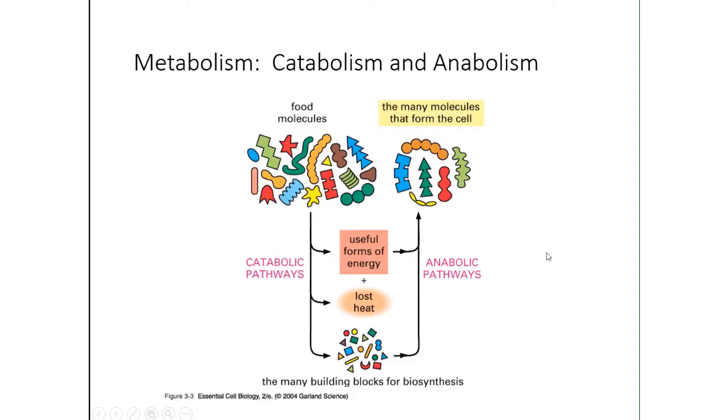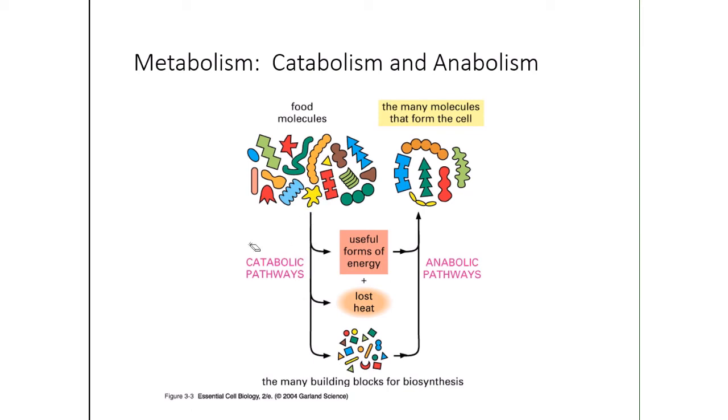Here is a better view to show you the relationship between the two types of metabolism. You eat your food, and in your food you have all sorts of macromolecules: carbohydrates, lipids, proteins and whatnot. Those are rich in building blocks, in monomers.